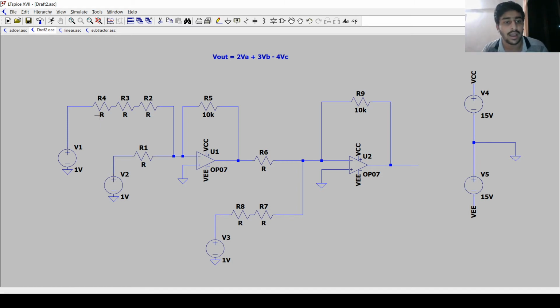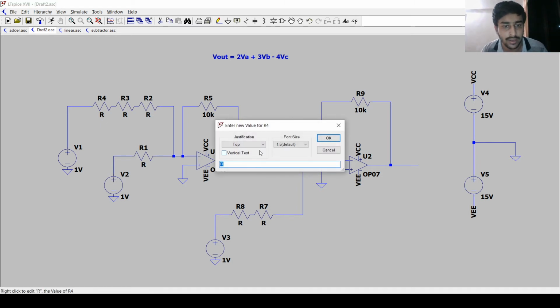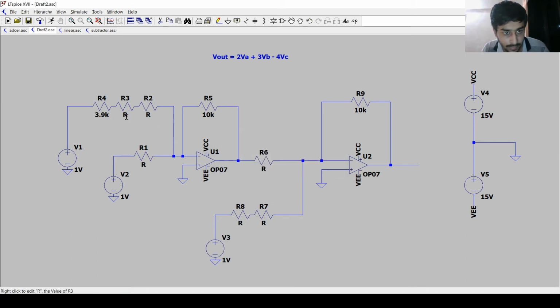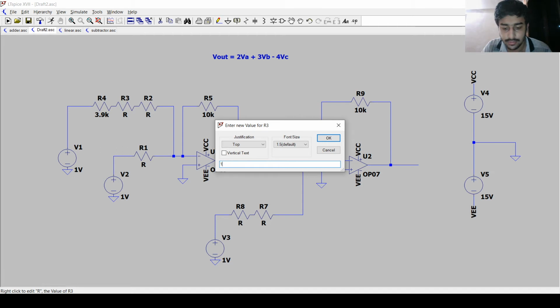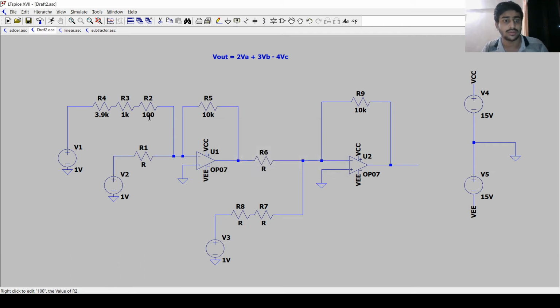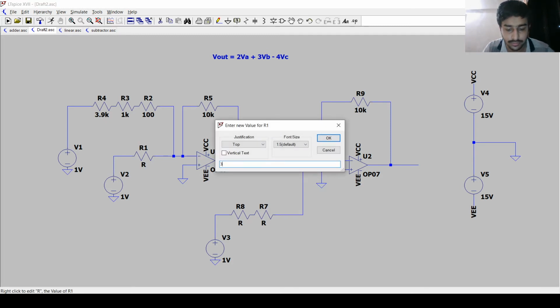So that's why I'm going to use 3.9k, 1k and 100 ohms. This is equivalent to 5k. I have connected them in series, and this resistor will be 10 upon 3, which is 3.3.